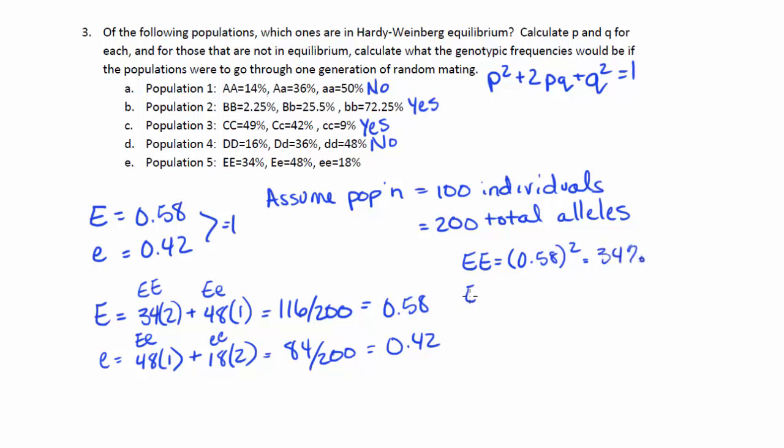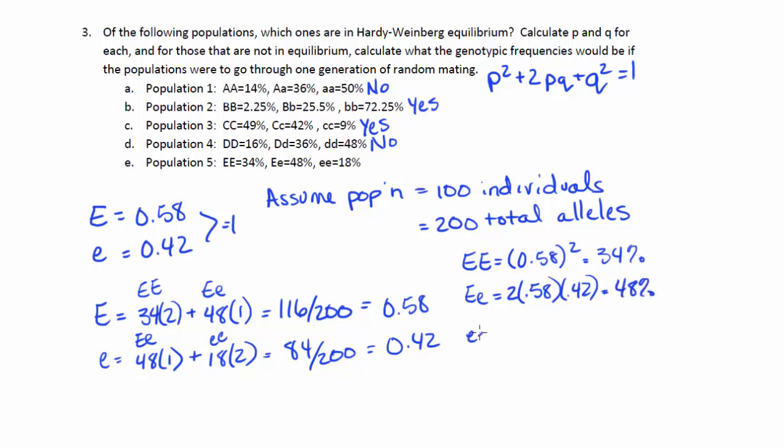If we look at the frequency of the heterozygous ones, we'd have 2 times the frequency of big E, which is 0.58, times the frequency of little e, which is 0.42. And so when we do that, that's going to round to pretty much 48%.